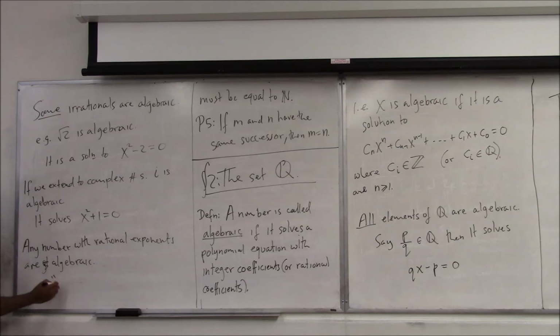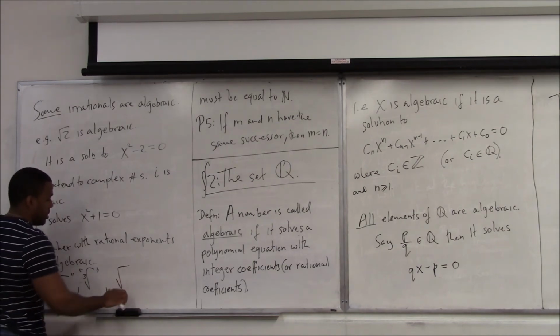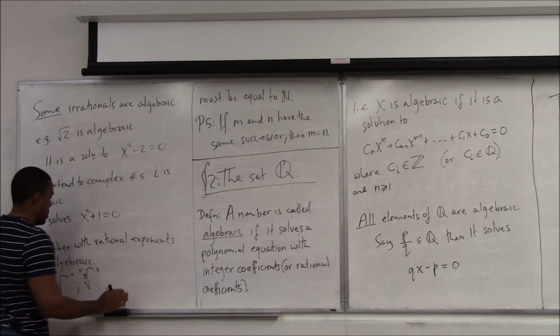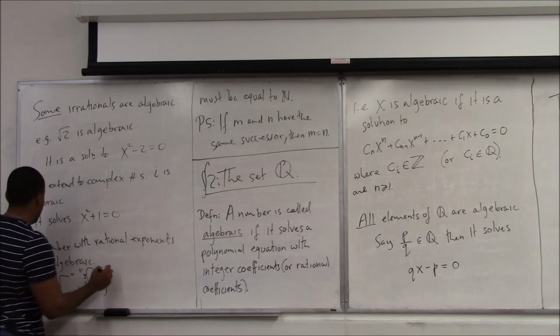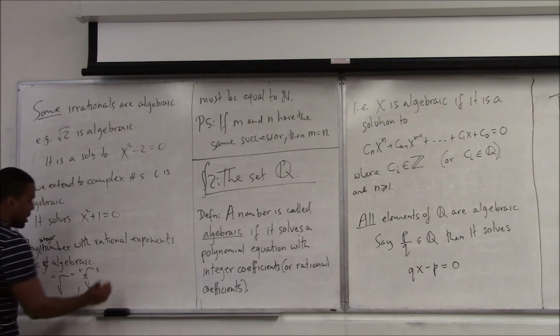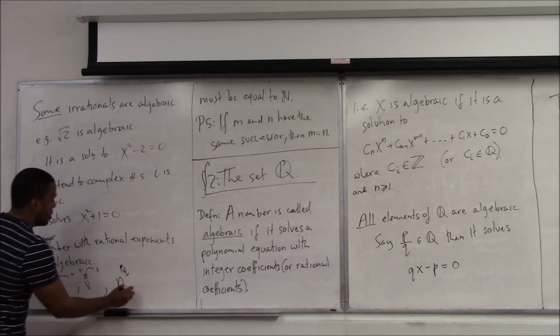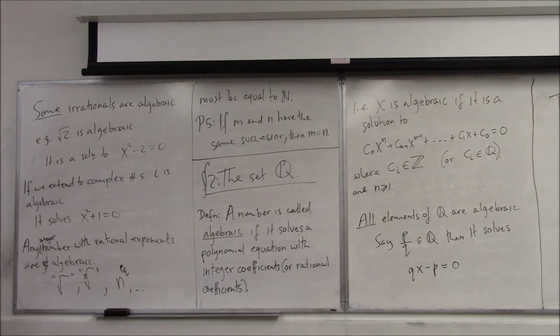So any number that looks like the square root of some number or the cube root of some number, or any integer, or any n to the p over q, will solve some polynomial equation.